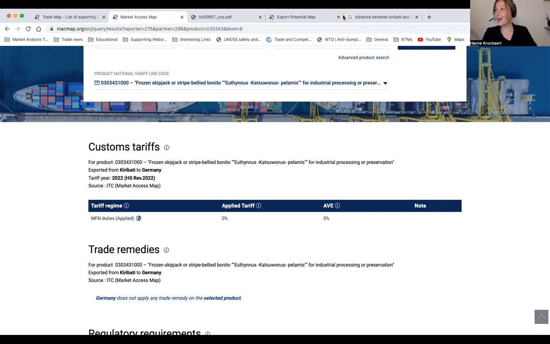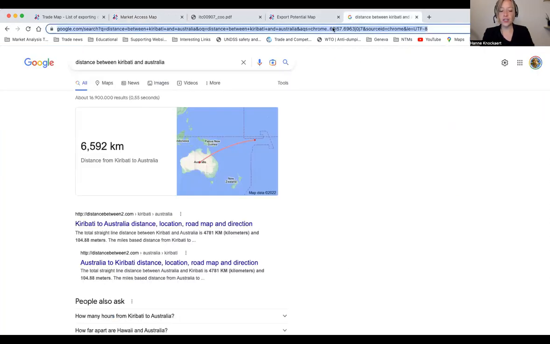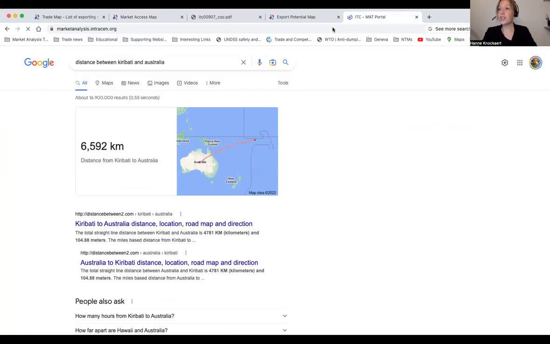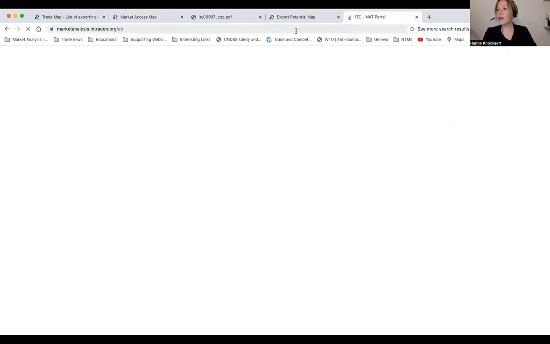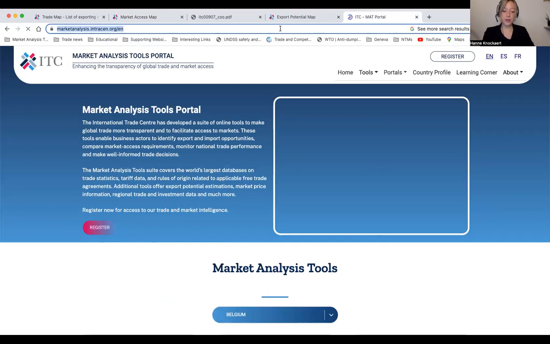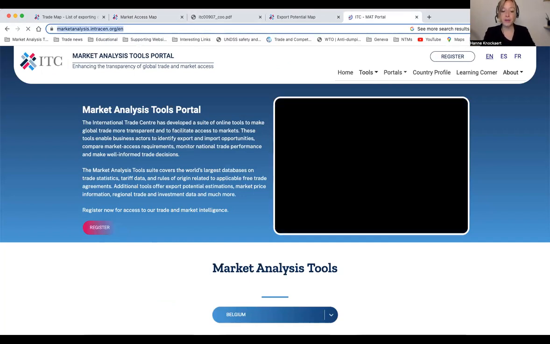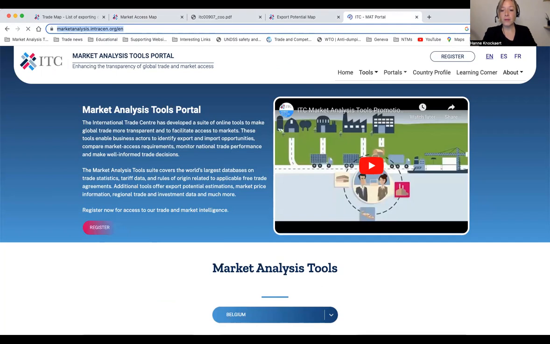Last thing I want to show you is that all these tools are reachable through one portal, which is called the Market Analysis Tools portal. I'm going to put it in the chat here, but I will also write it in my follow-up email. So here you can also register, so you can access all the tools.